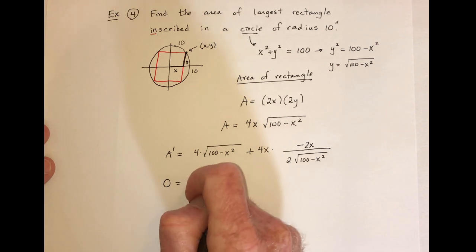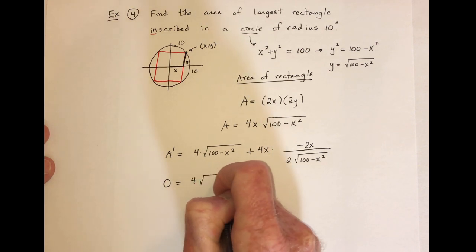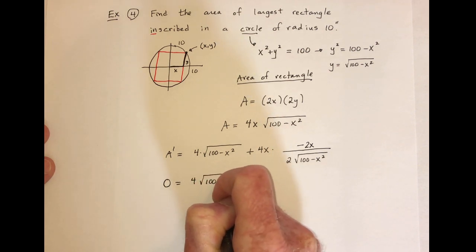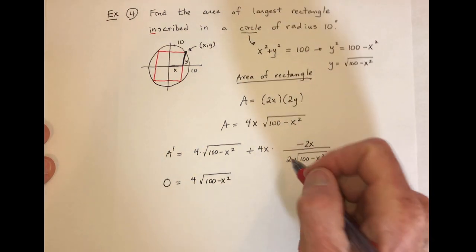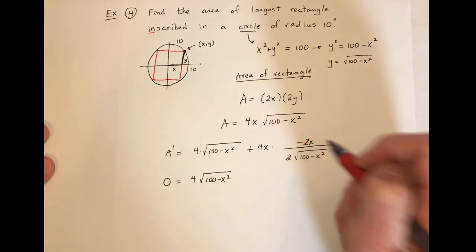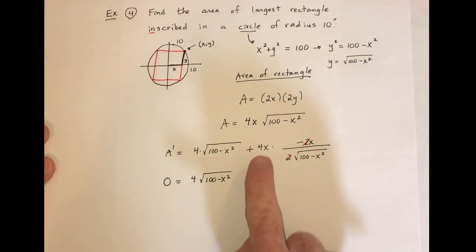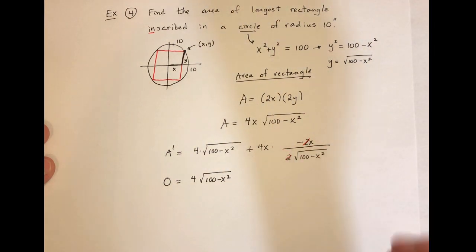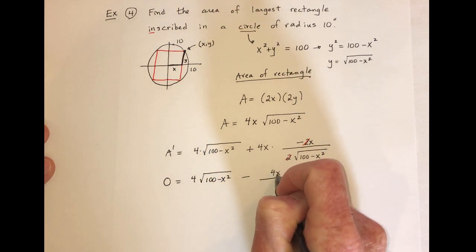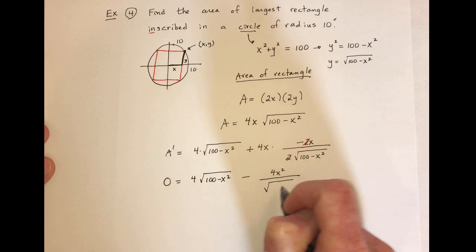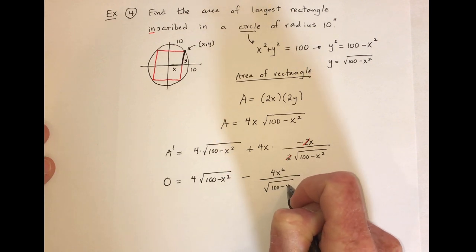And this one can't be simplified, so just recopy that for now. This one could be simplified a little bit. I could have these 2's cancel and then multiply this with that, so then it's going to be minus 4x squared over the square root.